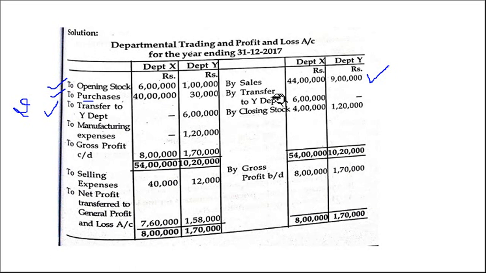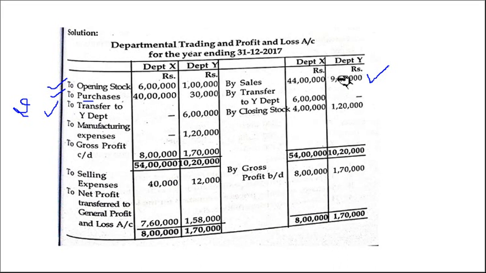So it is like sales only. Who sells it? X department, right? So you know very well, X department sells to Y department. By transfer we have to write who sells? X sells it. So we have to write X in the column of X. Here purchases, who purchases or receives the transfer? Y department. So we are writing 6 lakh in the Y column here. Is it clear? You should now concentrate on this.